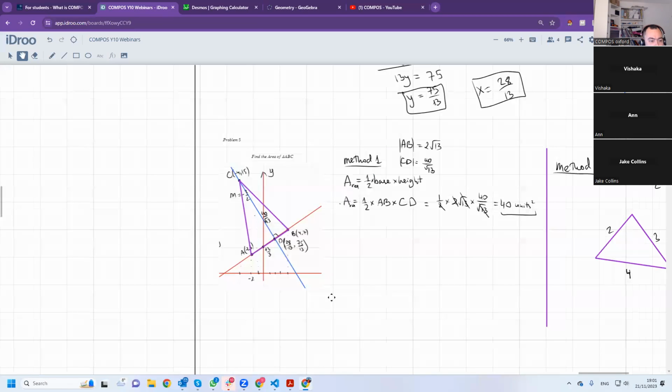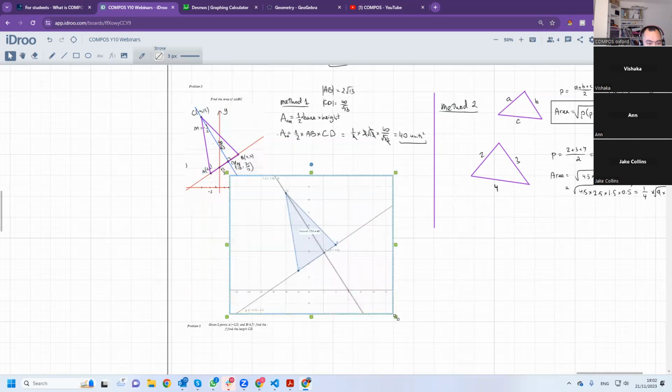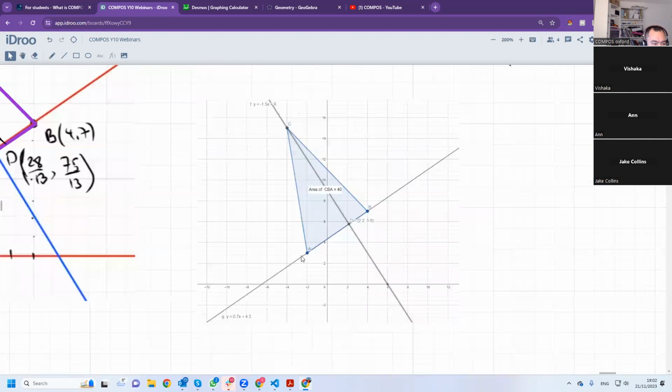So do practice using GeoGebra. It's a very powerful tool. It's free of charge, and it's just cool. Okay, so the line was correct. Y equals 2/3 x plus 13/3.